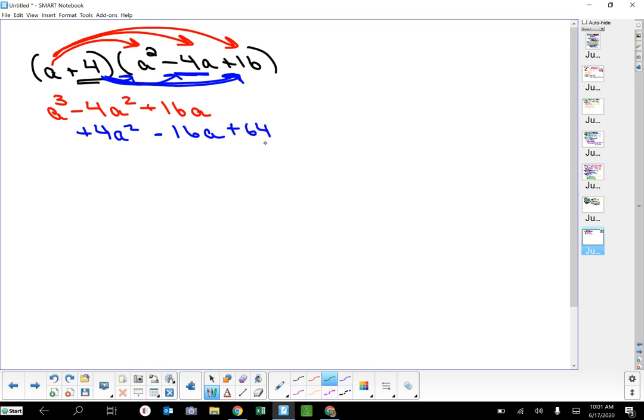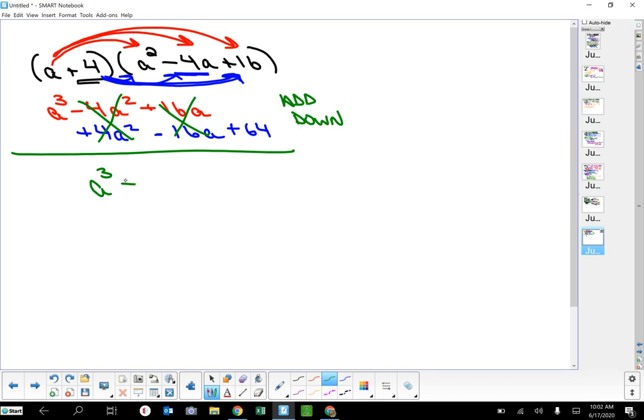And then you can draw a line under these and add down. Your other option is just to write these all next to each other and get this big giant string of numbers, so whichever way you want. So these will cancel. And look, these will cancel too, leaving us just a cubed plus 64. Okay, so that's all that's left.